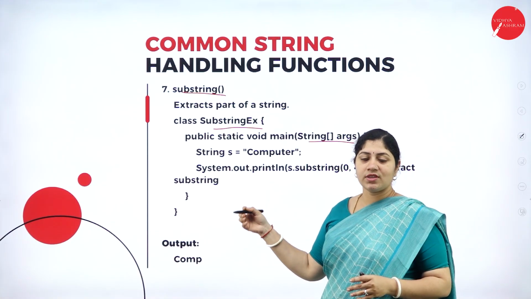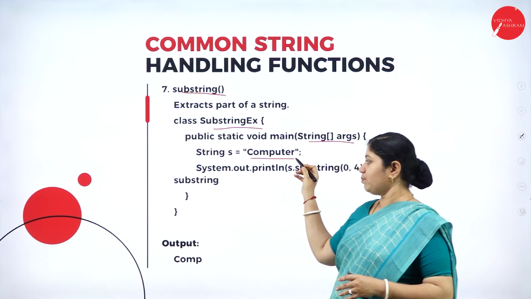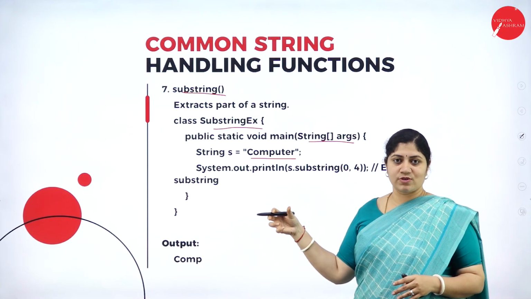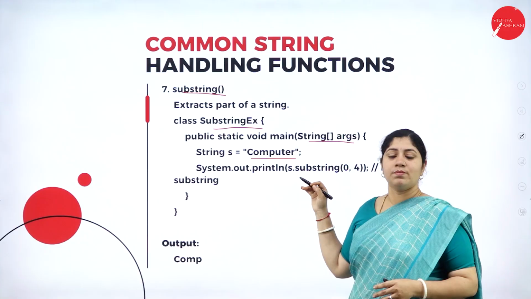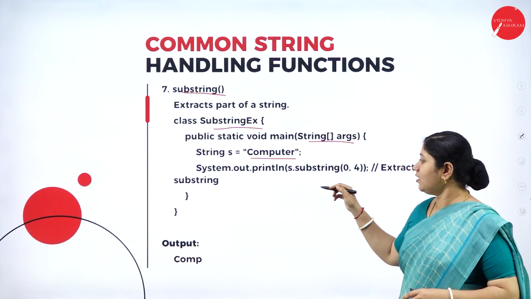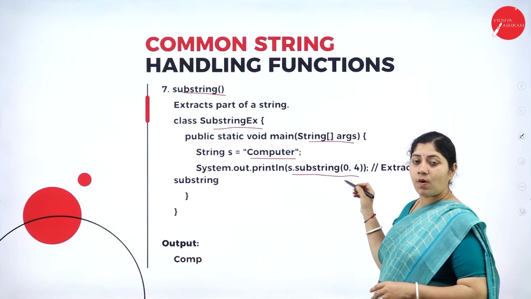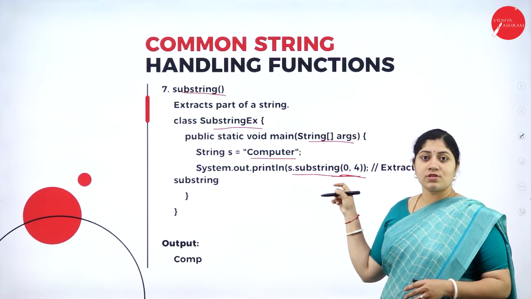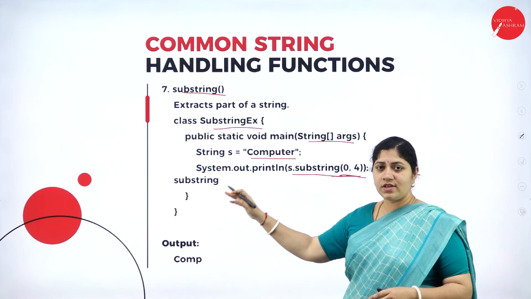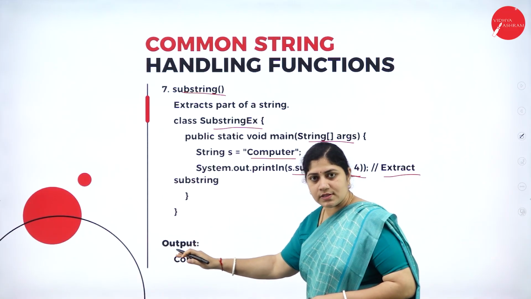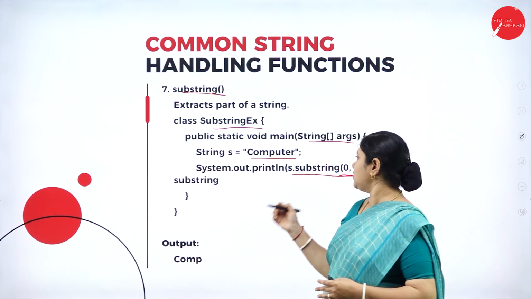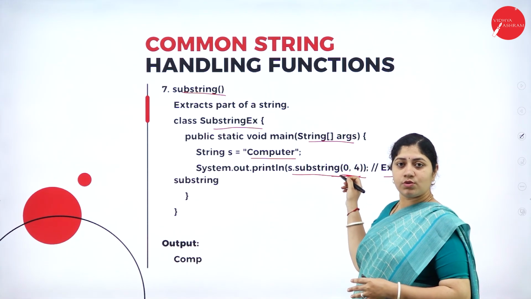Now, what is the string that we are considering? It is String s as computer. Now, in order to move forward and print the substring, let's use a print statement. So it is System.out.println followed by s.substring, and we have to write the index values that come for the extraction of the substring. Then let's close the parenthesis, and after execution of this code, the output we get should follow 0 to 4.